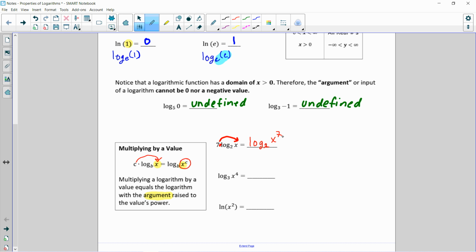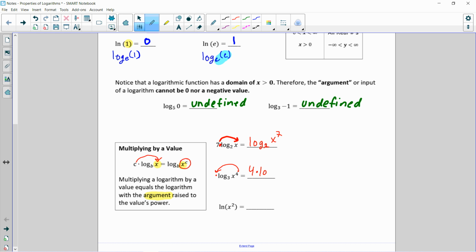If I wanted to go backwards, I could, and so I could take this 4 and it moves in front, and it multiplies with the function. So we get 4 times log base 3 of x.